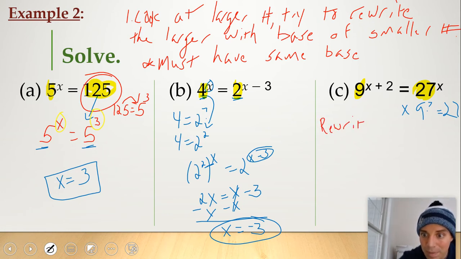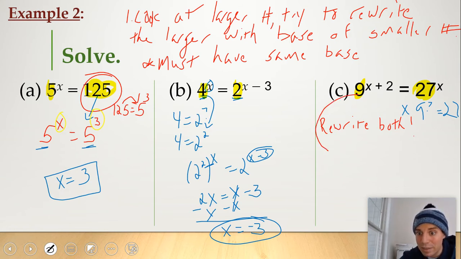So I have to think of a common base that these two, 9 and 27, have. And hopefully you're thinking to yourself, what about 3? I can rewrite 9 as 3 squared. Oops, I want that squared on the inside of the parentheses. And I can also rewrite 27 in terms of a common base.